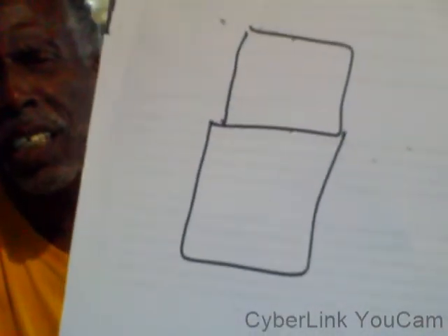And 8 is the perfect number when it comes to the digital numbers. Now this is 8. This is 8 here, right? When I write it in digital. And from 8 you can get many other numbers.